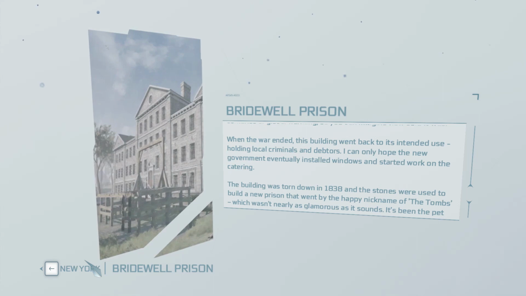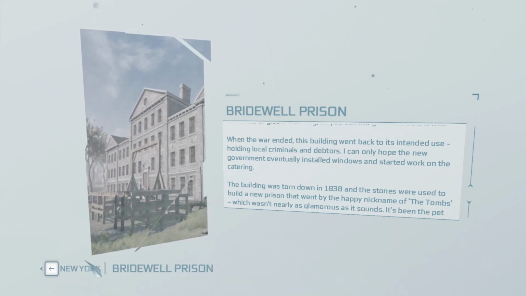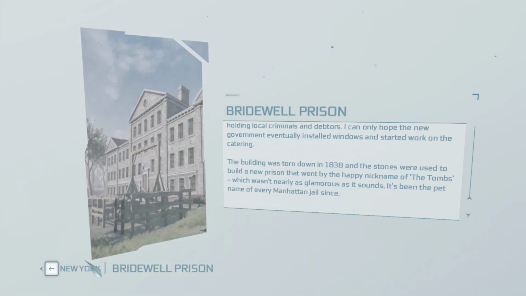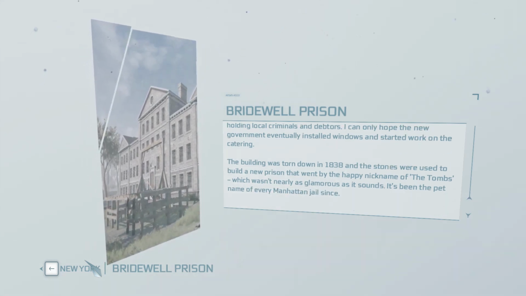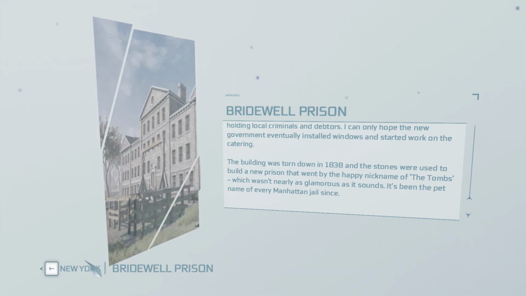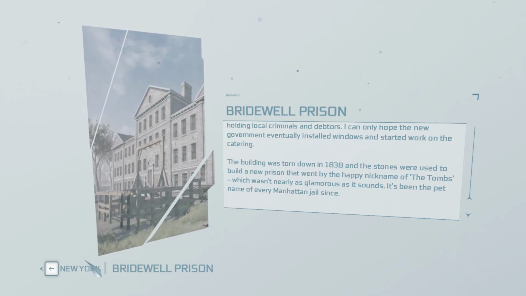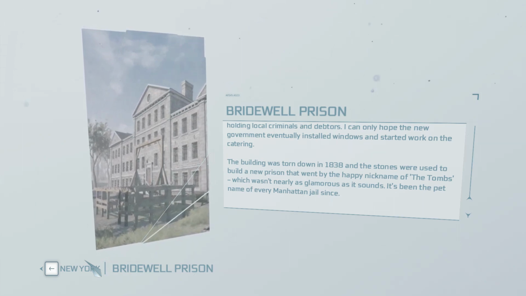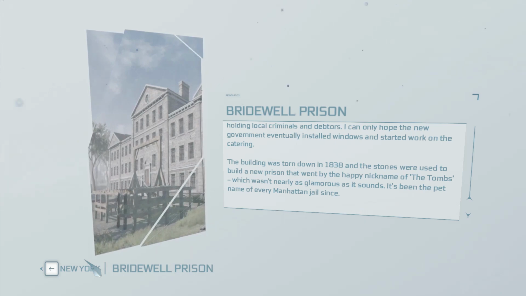The building was torn down in 1838, and the stones were used to build a new prison that went by the happy nickname of the Tombs, which wasn't nearly as glamorous as it sounds. It's been the pet name of every Manhattan jail since.